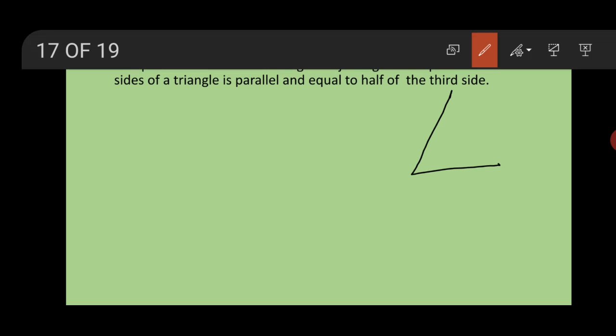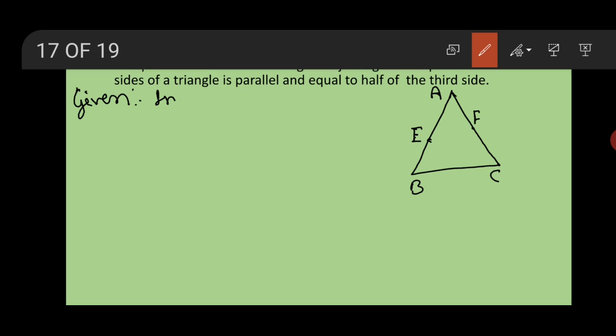Take a triangle ABC and note the two midpoints of sides. Let them be E and F. Write down the proof. What's given?